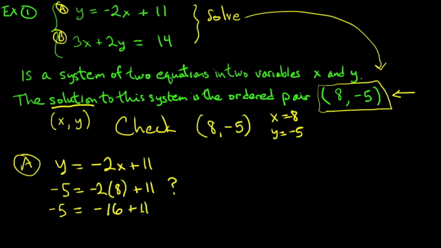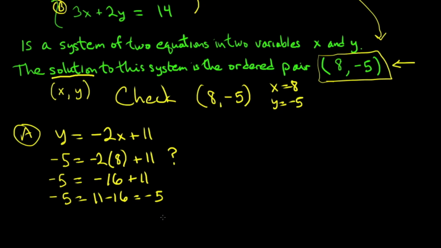And -16 plus 11, or if you prefer, 11 minus 16, is indeed -5. So what we end up with is the equation -5 equals -5, which of course is true, right? -5 is the same number as -5.